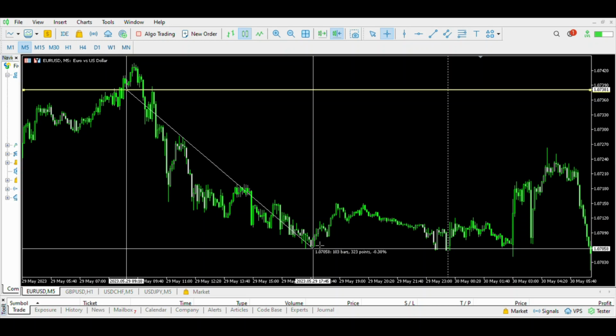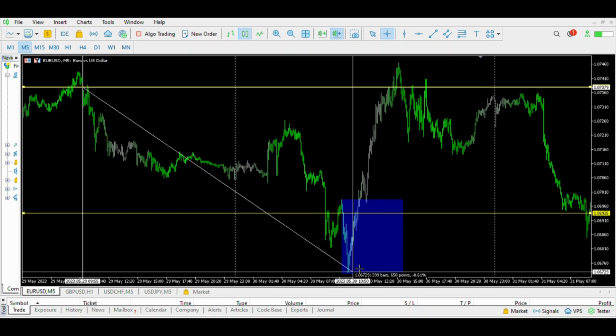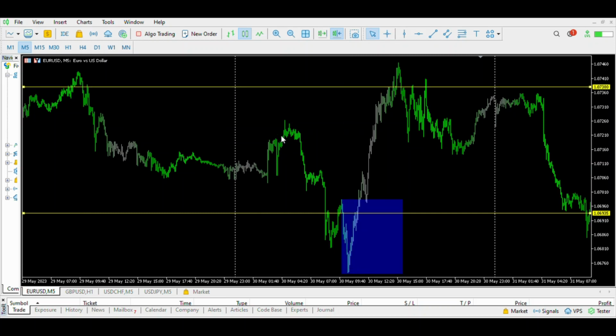Okay, so 5 pips, you can see it went a lot further. It's 32 pips there, and if we zoom out, you can see it even went a lot further. So this move here went all the way down to there. Basically this Asian session was a continuation of the London session. This was the New York session, didn't do much, but both sessions were in agreement.